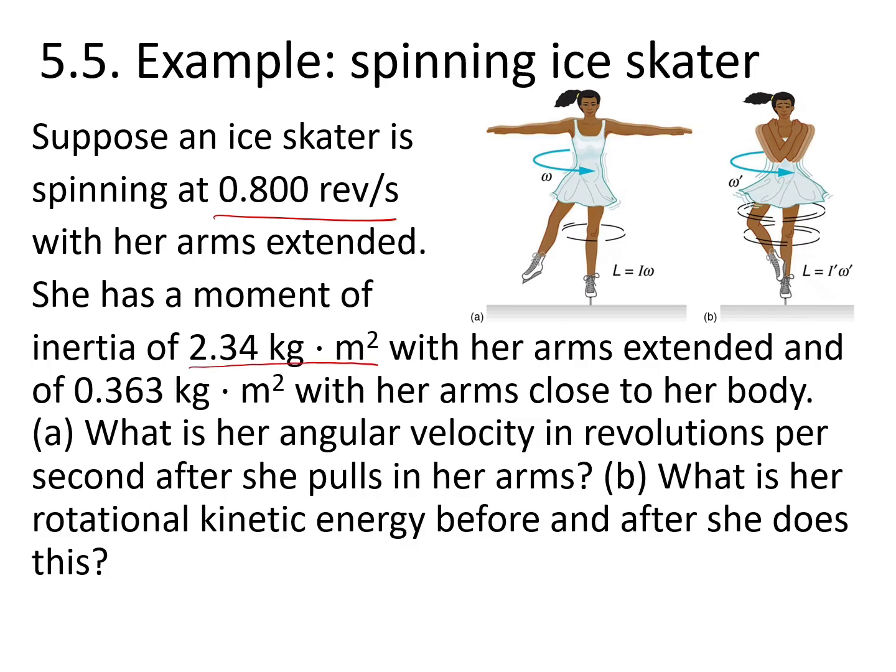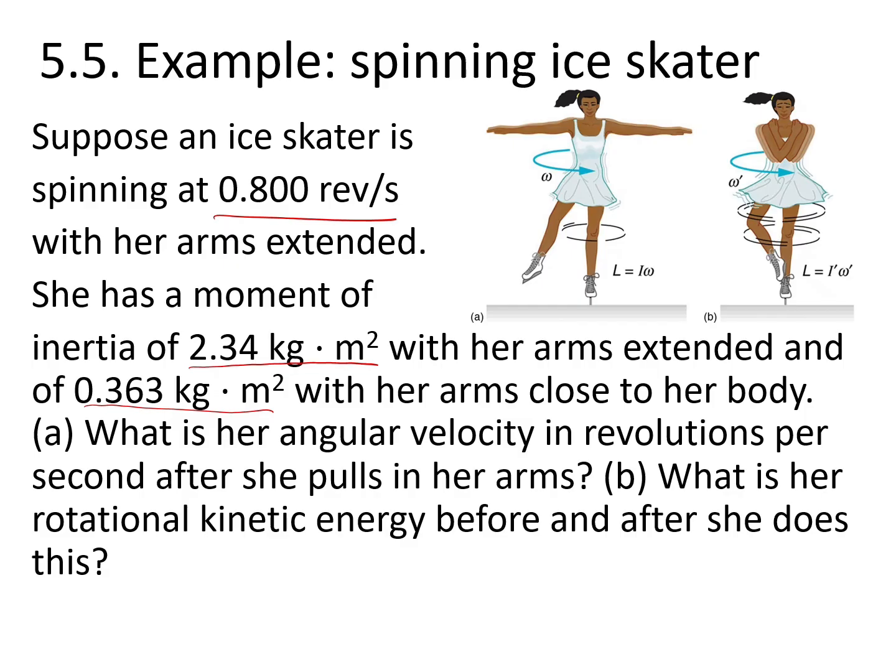After she pulls her arms close to her body, her moment of inertia becomes 0.363 kilogram meter squared. Part A asks for her new angular velocity in revolutions per second. Since no significant external torque acts on the skater, we use conservation of angular momentum.